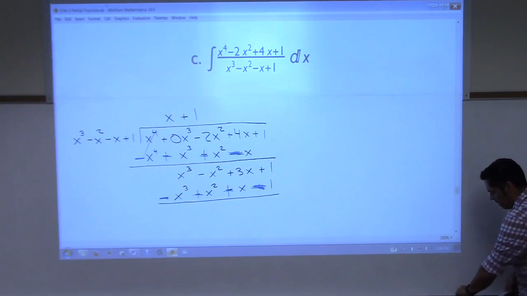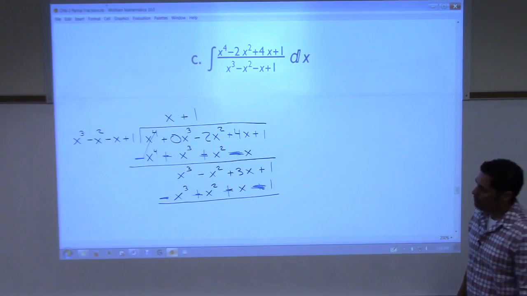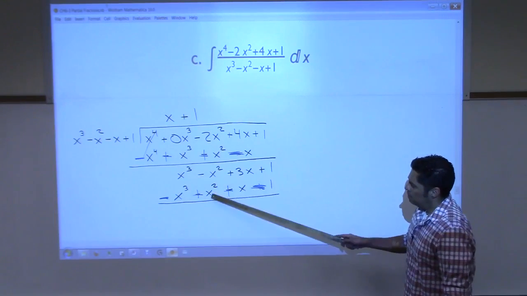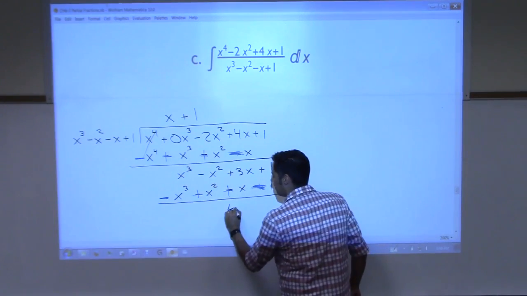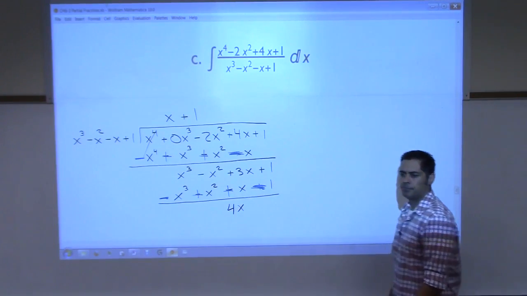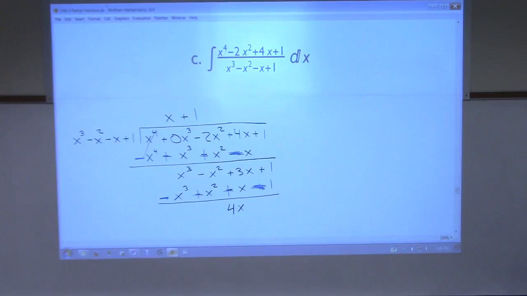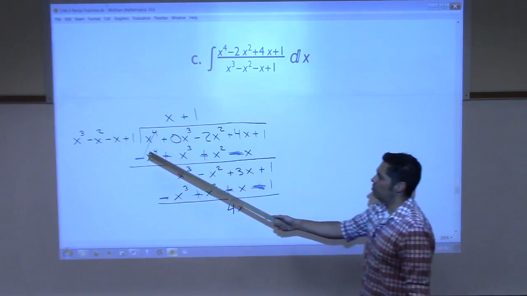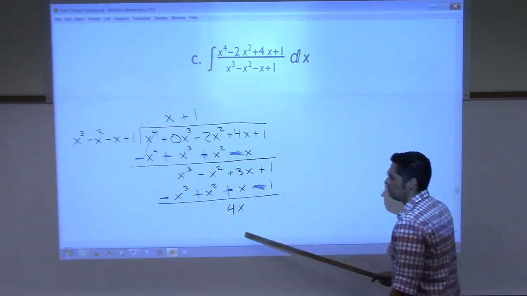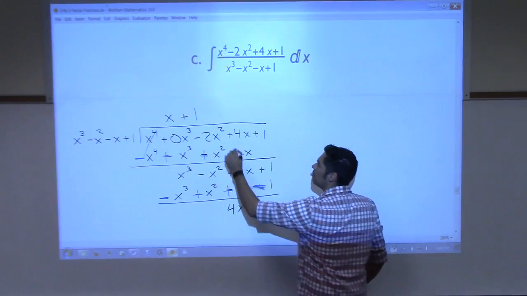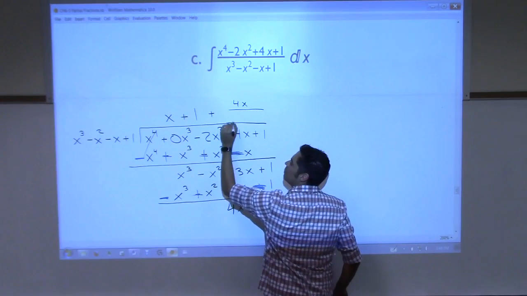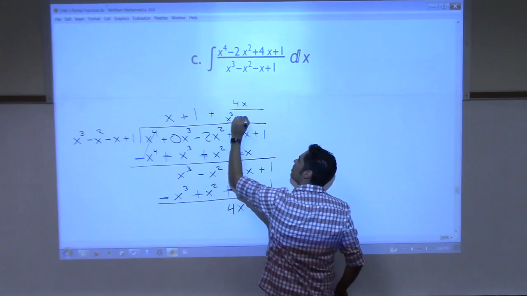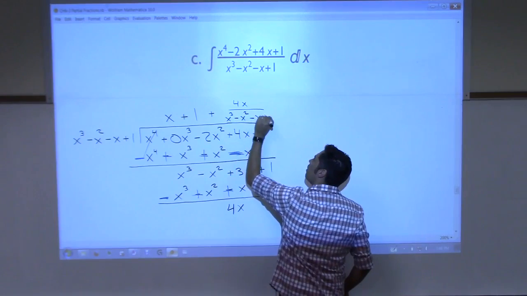What happens when we add down here? 4x. Just 4x. That's all that's left. And can we turn x cubed into 4x? No. So we put up here plus 4x over x cubed minus x squared minus x plus 1.